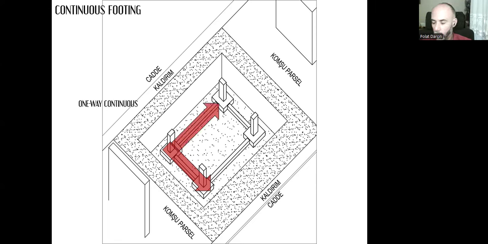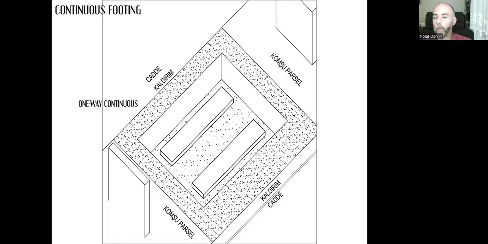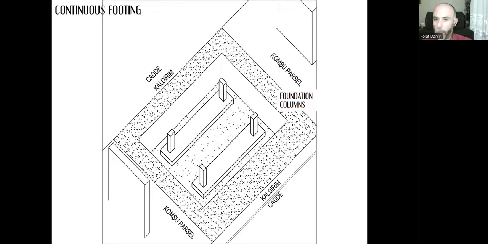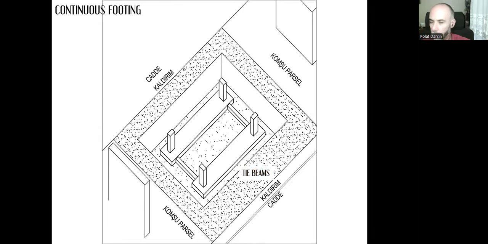That's one-way continuous. We have foundation columns, a very long footing, and two foundation columns over that very long footing. And we still need tie beams because it's continuous in one direction. However, in the other direction, we need to connect them together.